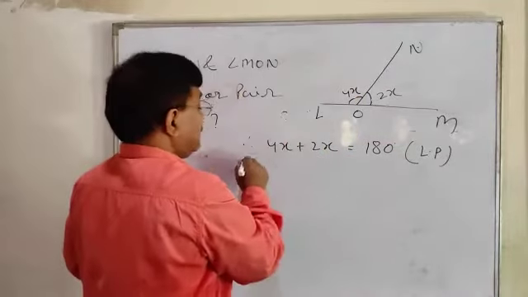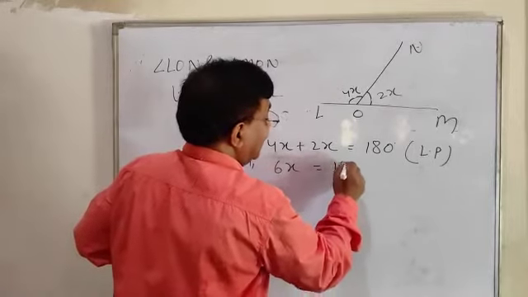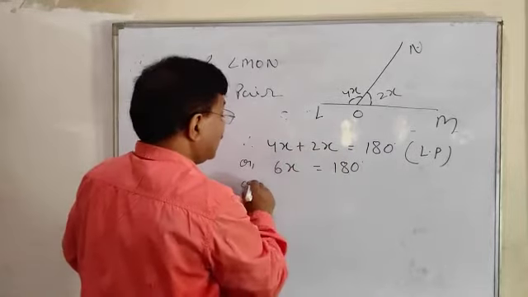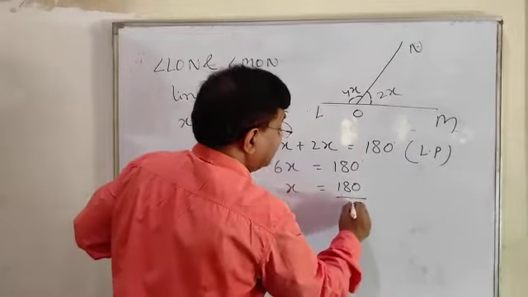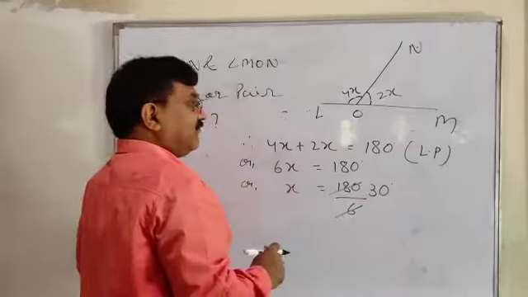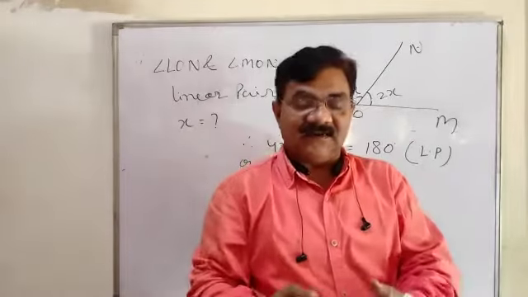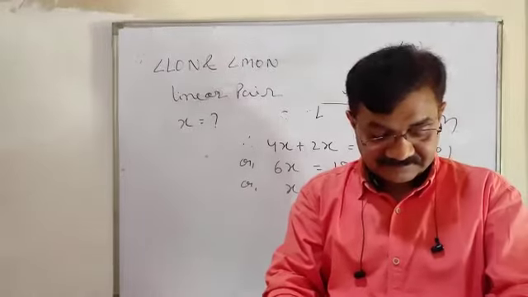Now 4x plus 2x is 6x, equal to 180 degrees, or x is equal to 180 by 6, and 6 times 3 is 18, so 30 degrees. So the value of x is 30 degrees. So you have understood, dear children.